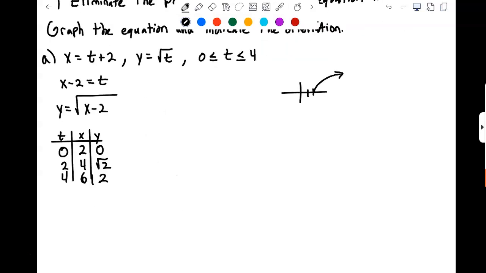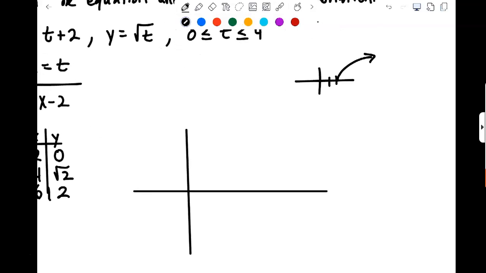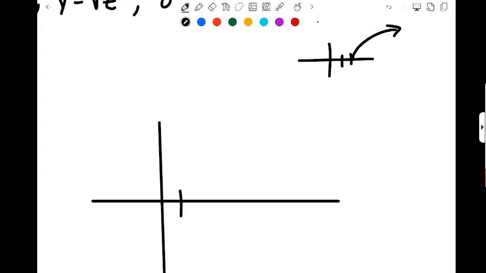Okay, so now armed with that information and the basic graph shape that we already know, we can go ahead and start to draw our picture, and then also indicate on that picture the orientation. So our graph is starting at x equals 2, and it's going to continue until x is equal to 6.